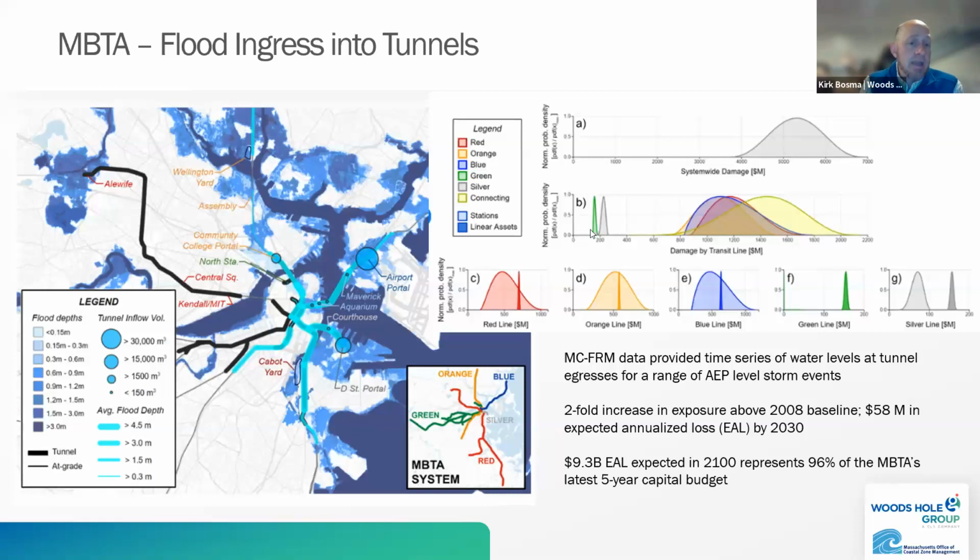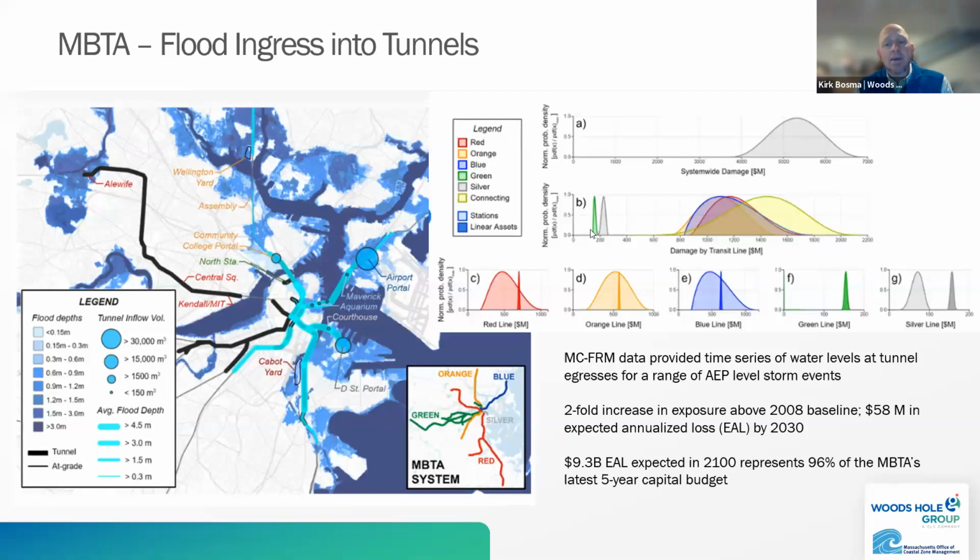They had a model where they looked at how the flow would go into their tunnels, what that meant for their maintenance and their impact to their entire system, and found that there's been a twofold increase just from 2008 to present day.